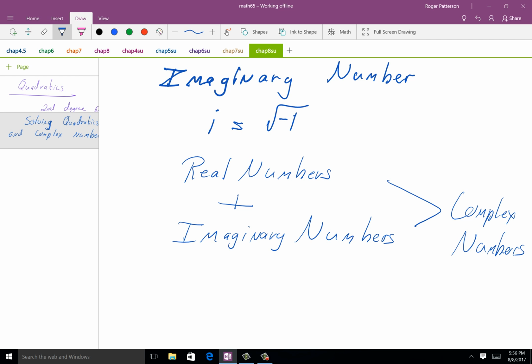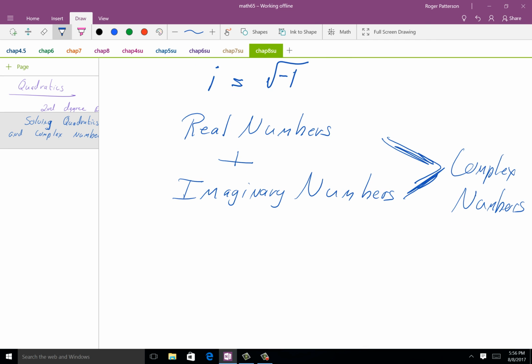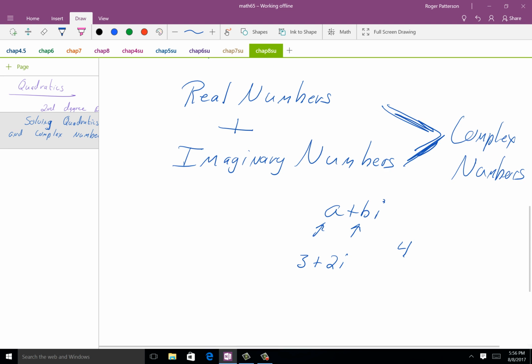If I take all the reals and these new i numbers, that makes up the complex numbers. A complex number takes the form a plus bi, where a is a real number, b is a real number, and i is the imaginary. For example, 3 plus 2i is a complex number. 4 is a complex number. 1/3 is a complex number.